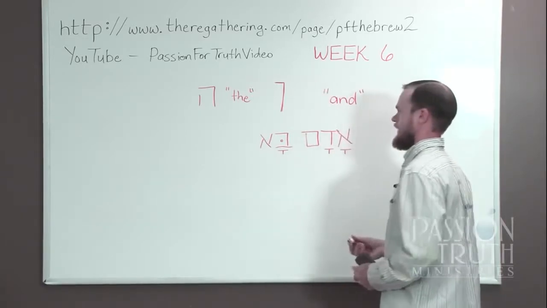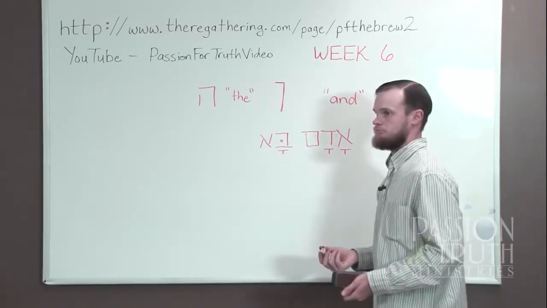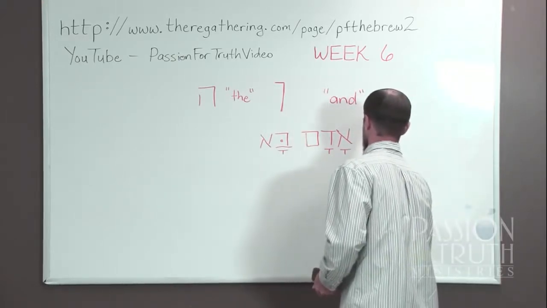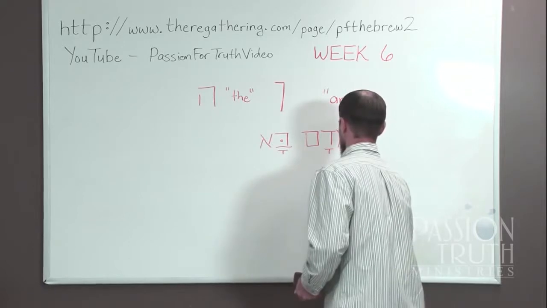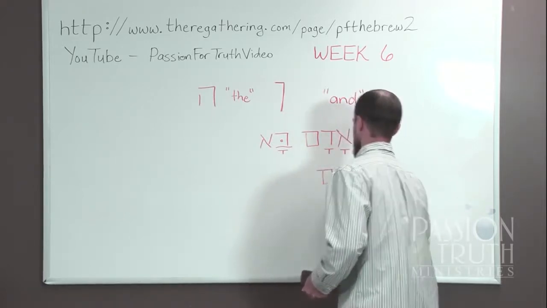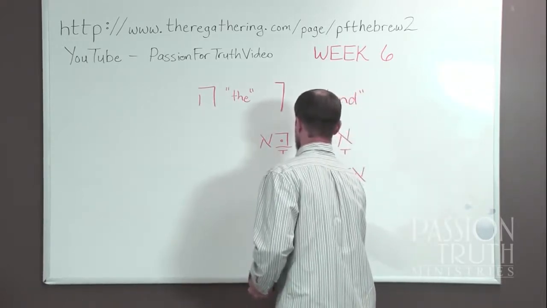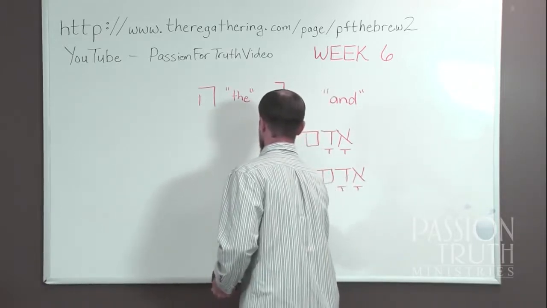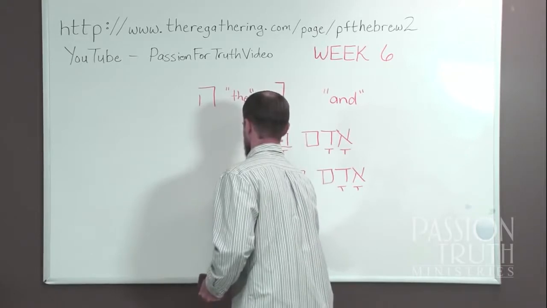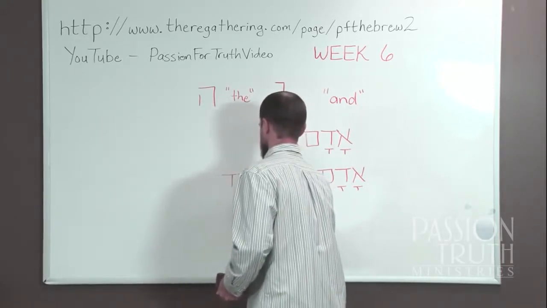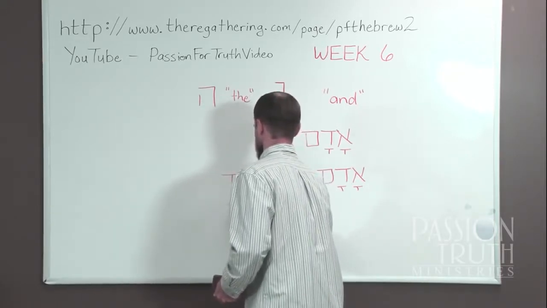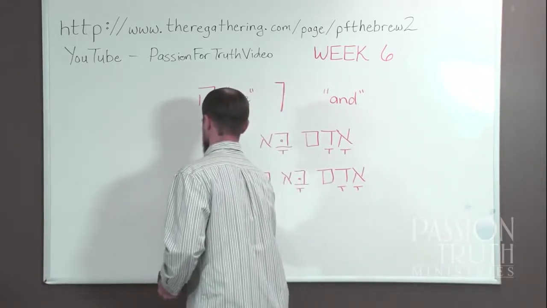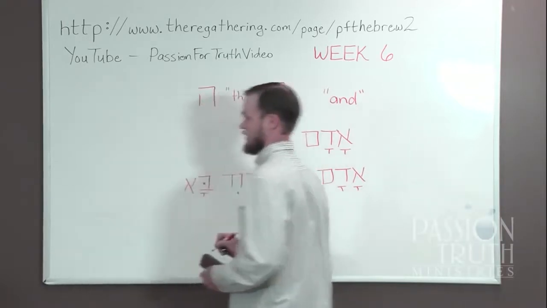Now suppose that Adam and David were coming. There's two ways we could say that. We could say Adam ba, Adam is coming, and v'David ba, David is coming. So we could say Adam is coming and David is coming.